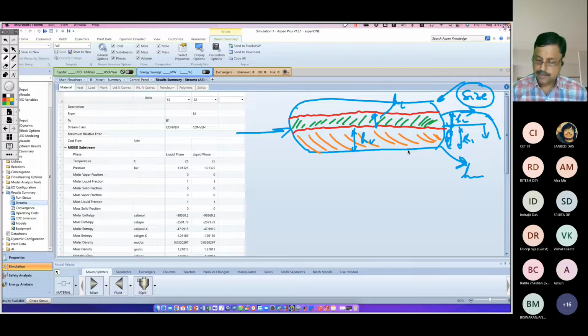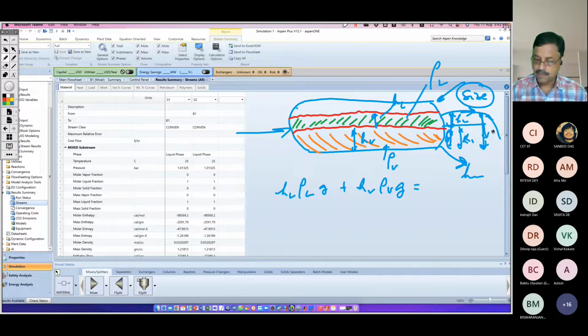Suppose the density of this liquid is rho V, and this is rho L. Then what is the pressure? Pressure is H rho G, and here it is HV rho V into G, which is equal to the total pressure.